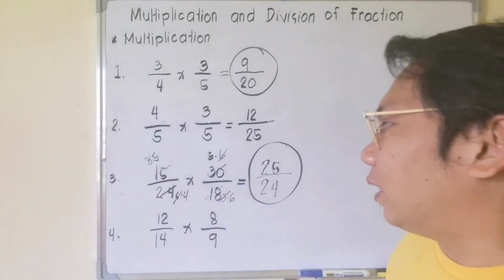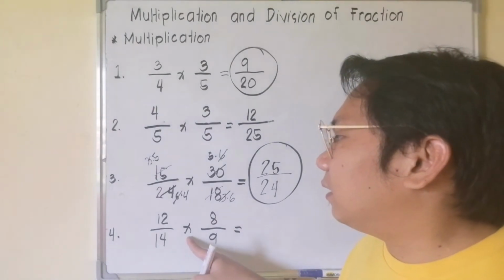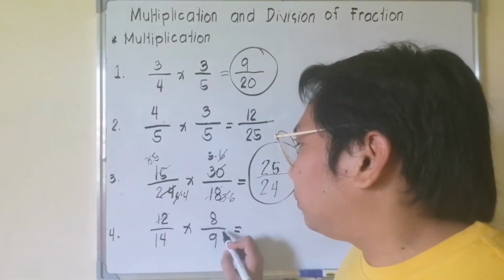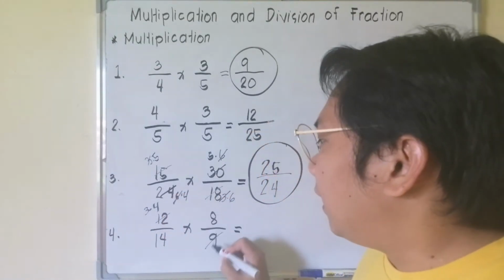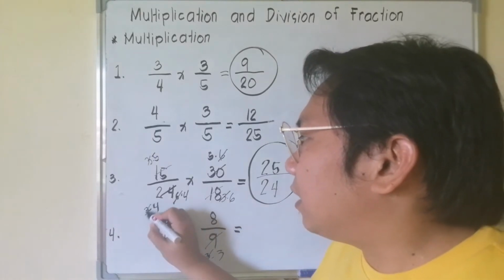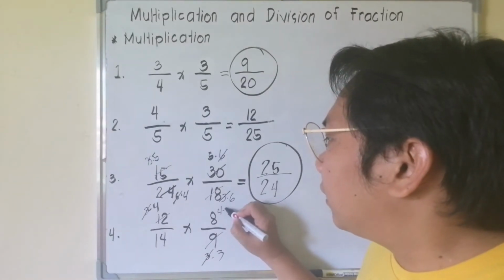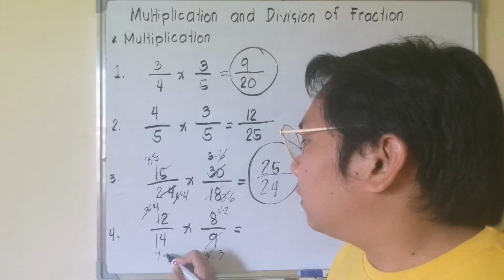So this is now your final answer, 25 over 24. Similarly, again, 12 over 14 times 8 over 9. You know that 12 can be written as 3 times 4, and 9 is 3 times 3. So we can cancel out 3 here. Then 8 is 4 times 2, and 14 is 7 times 2.